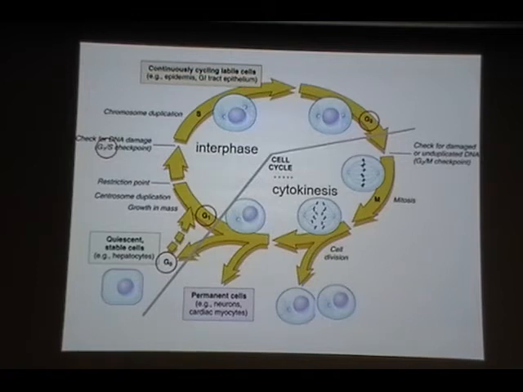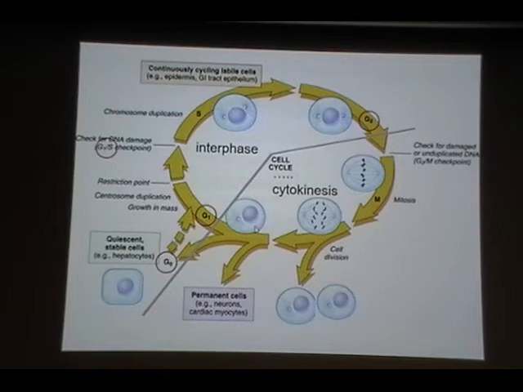In most cases they don't have the ability to become cancer, because they are fully differentiated. However, many other cells are in a quiet state. Those are the stable cells, for example hepatocytes, skin cells and mucosal cells.